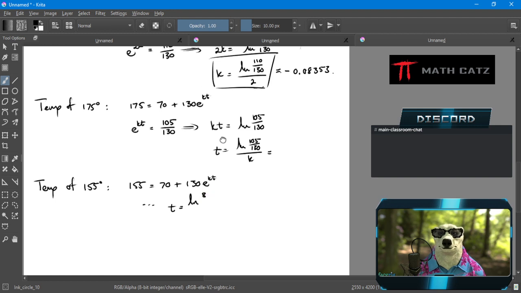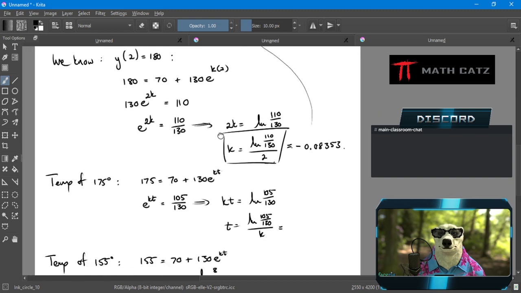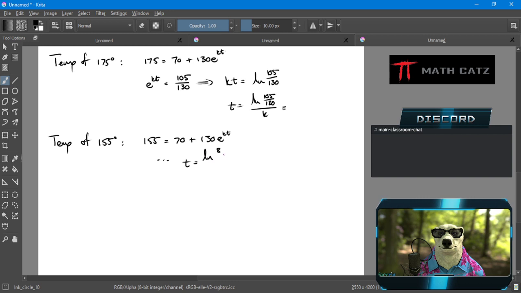Didn't we do the 85 before? It seems so familiar. I guess that was a different question. 155 minus 70 is 85. And then I divide by 130. Same argument as before. The pattern is always the same in these two questions.